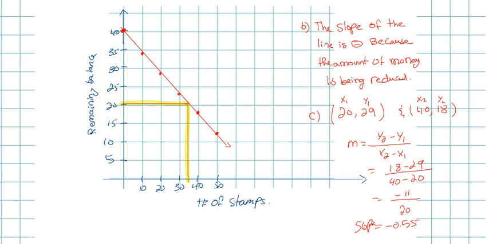Why did I go right here? It's between 30 and 40, so 35 is right between the two, right? So if I go up from here, touch the line, go over, that will give me an estimation.